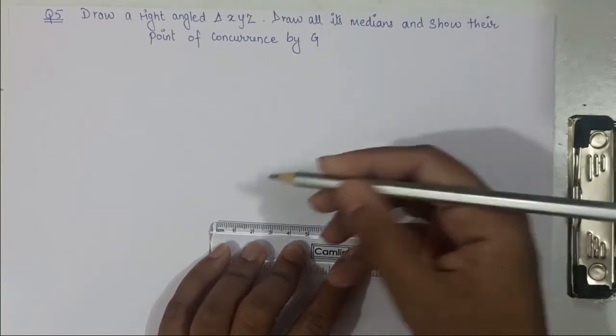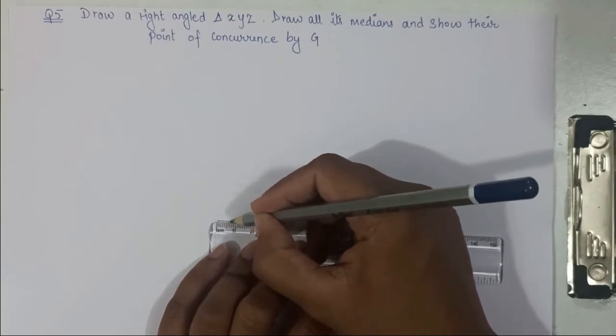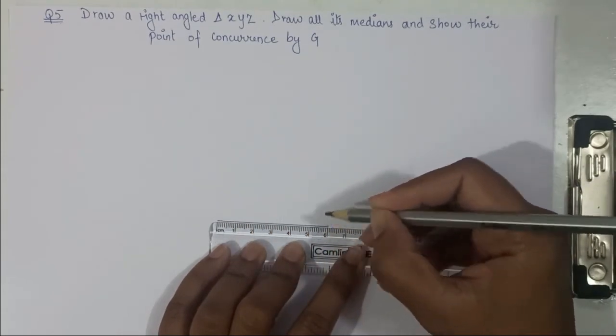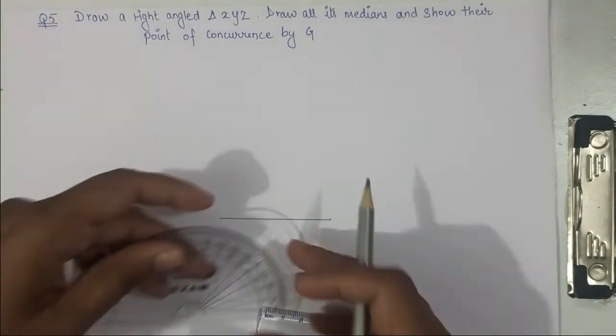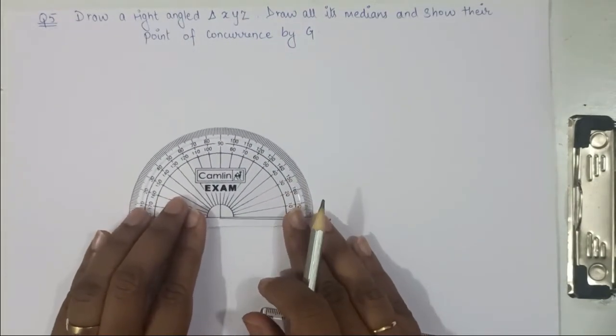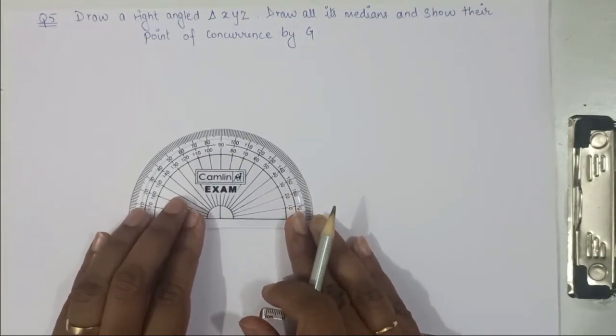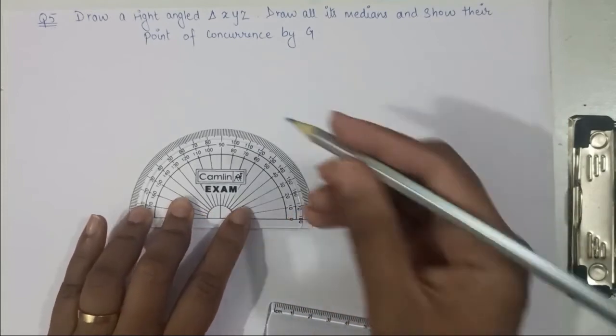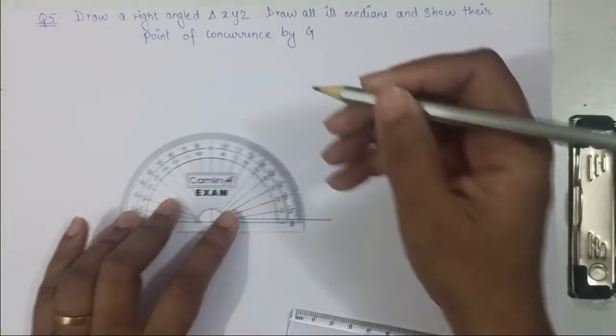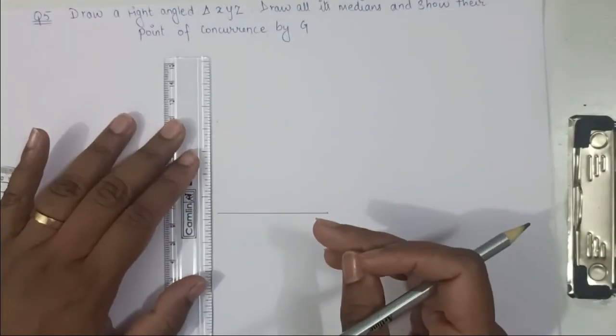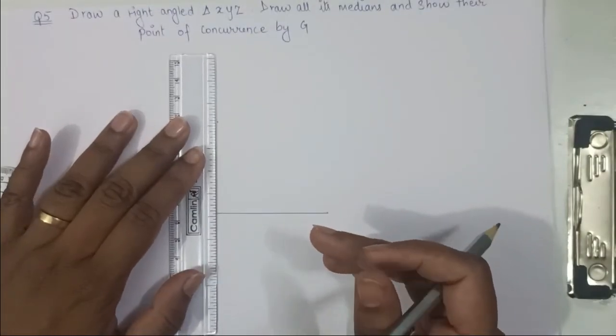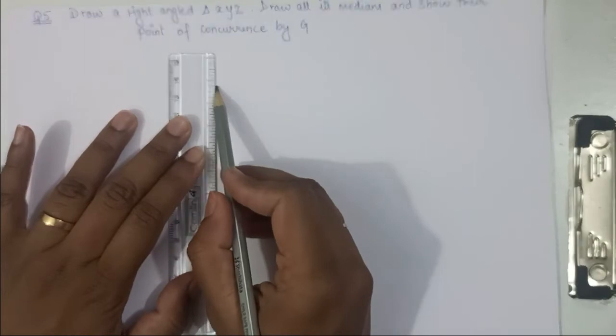I'm drawing a 6 centimeter line. And we can show a right angle triangle. Just draw a line.